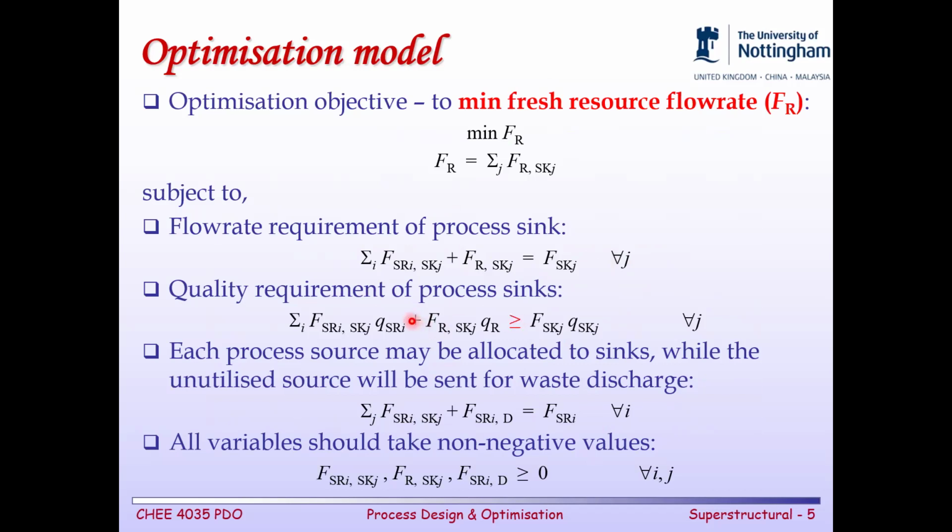The next is the quality requirement of the process sink. If we're talking about wastewater, just like our previous example, if Q is the contaminant, then this sign right here should be less than or equal to. So if the sink has a requirement for the maximum contaminant, then this should be less than or equal to.